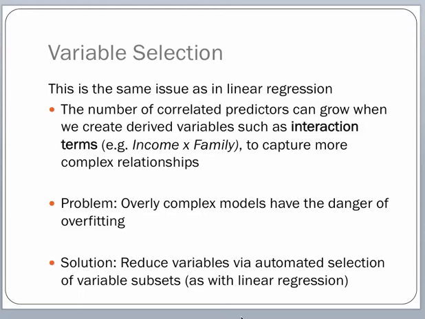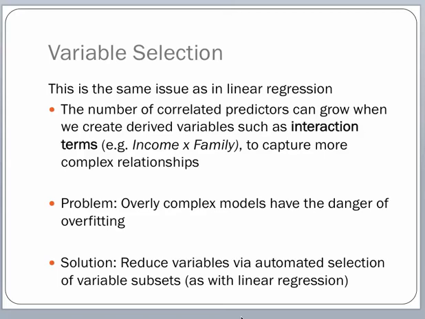So let's say we were to start putting multiplicative terms into the model, like income times family, which is something we can do. That can be very useful from a prediction standpoint, but it can also introduce correlated predictors.